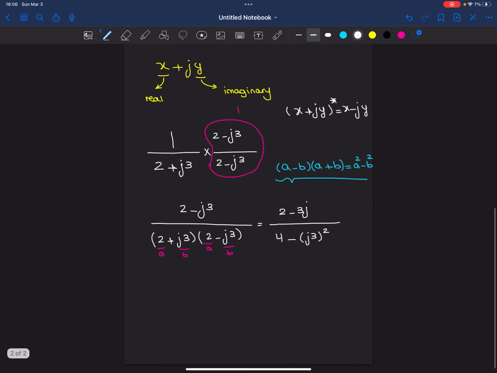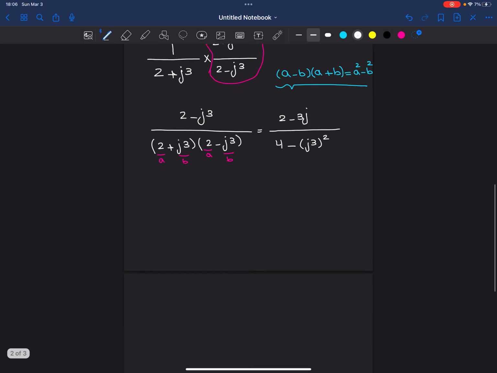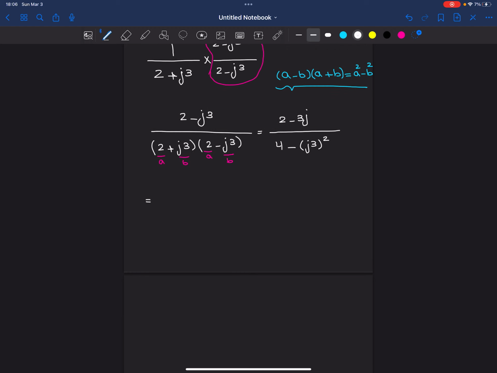Now, in the denominator, what I have is 4 minus j to the power of 2, which is negative 1. We all know that j to the power of 2 is equal to negative 1. So I will have a negative 1 multiplied by a 9. And in the numerator, I have 2 minus 3j.